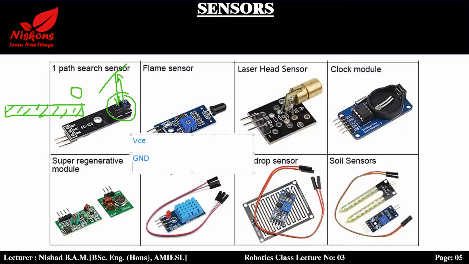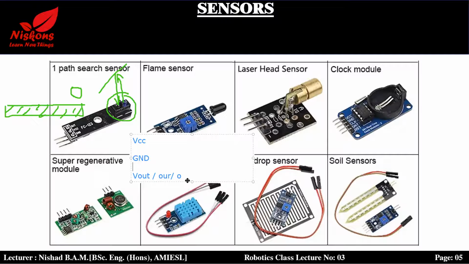Okay. After we have powered up, we have to obtain the output signal. That can be written as OUT, or V out, or even O is used, right? So that is how they use it, right? So you can identify.